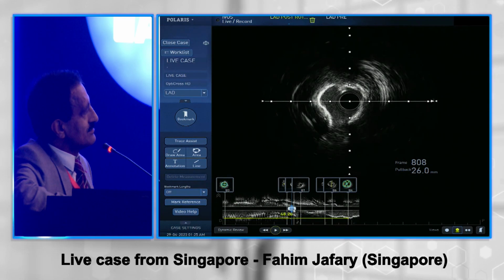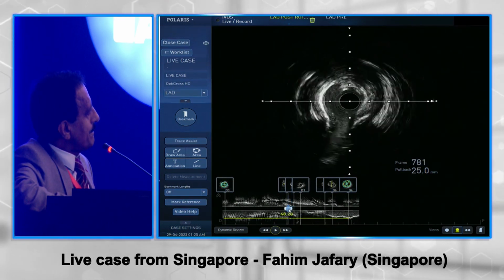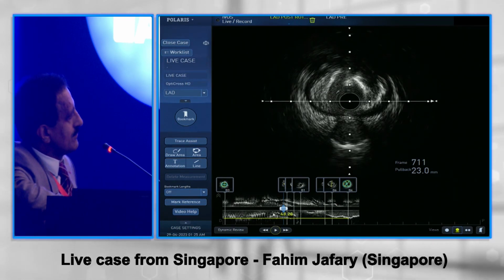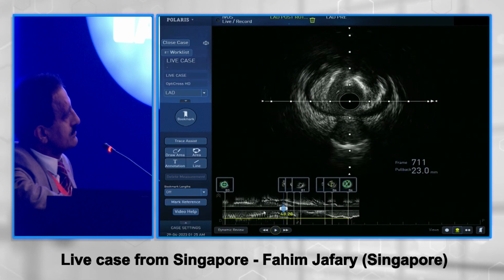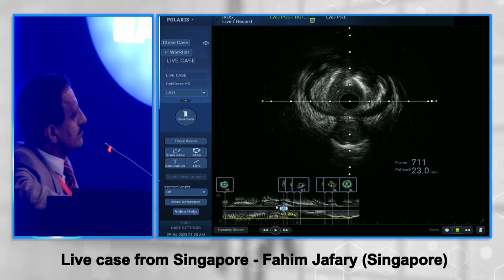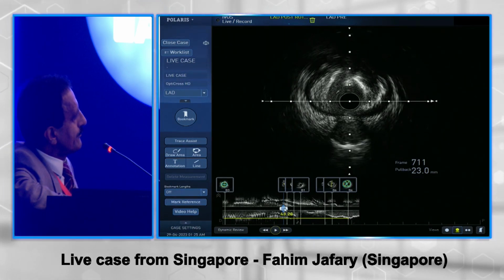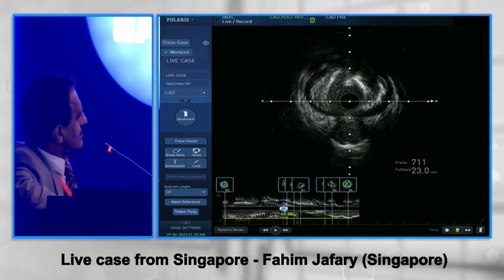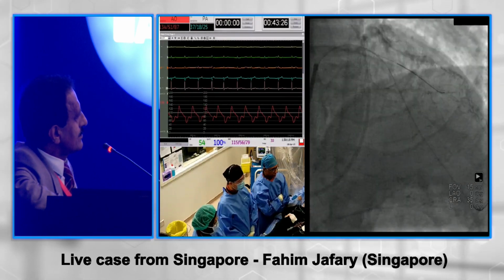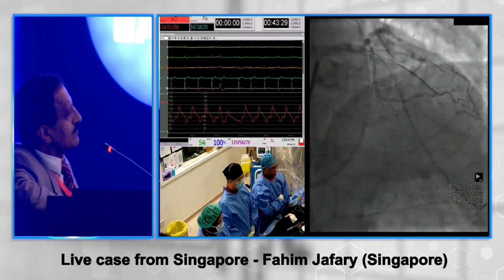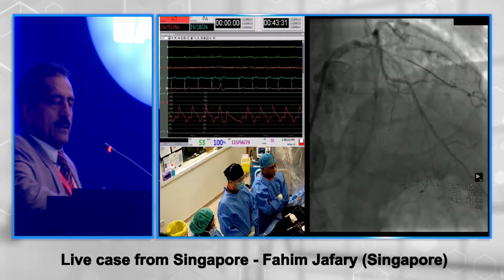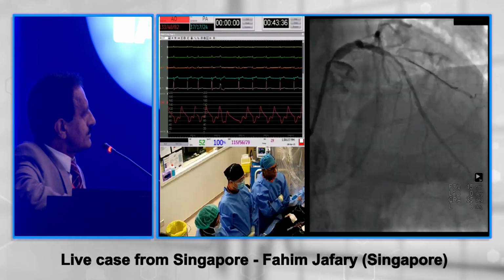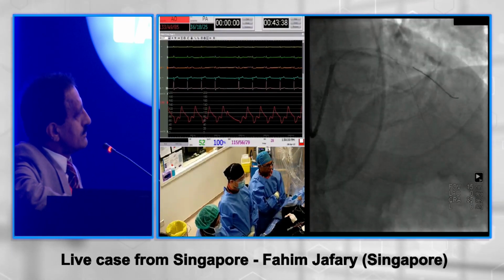If you like, we can show the picture for Ashok. Just go back one. Now just show this picture to the audience one more time. It's a calcific LAD and a diagonal which at this stage has been rotablated. So Dr. Diana Ku is now going to show you the post-rotablation IVUS.